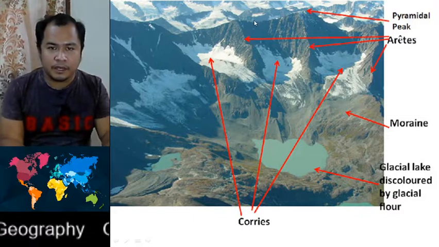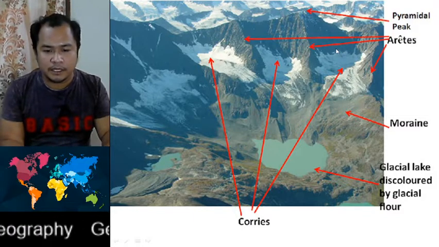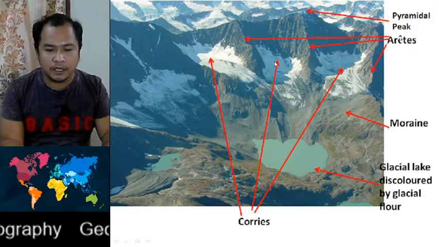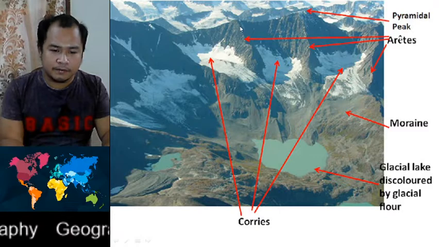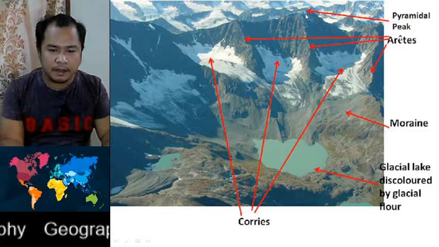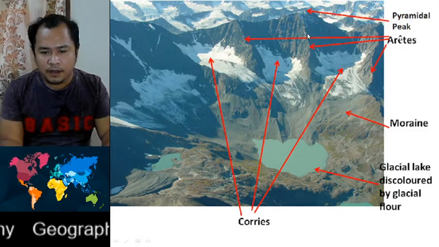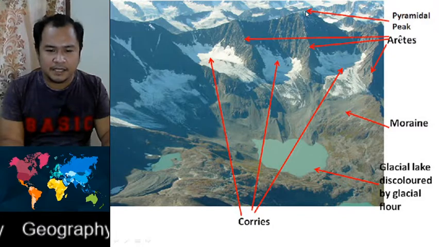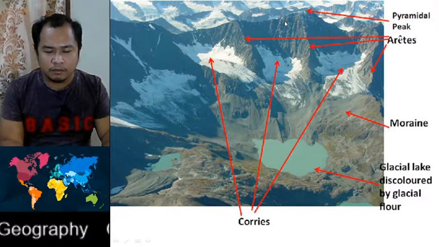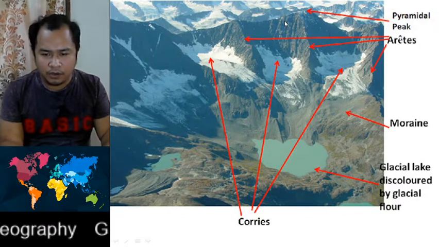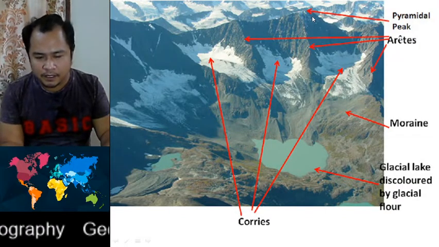If you remember the other landforms that we discussed last time, this will be your quarry, the bowl-shaped area. This very narrow and sharp edge of the mountain will be your aretes, and then the tip with several sides with adjacent quarries will be the pyramidal peak.